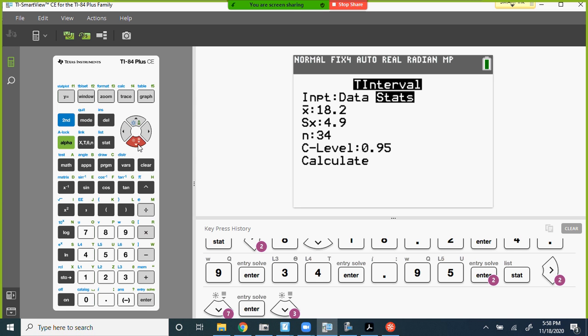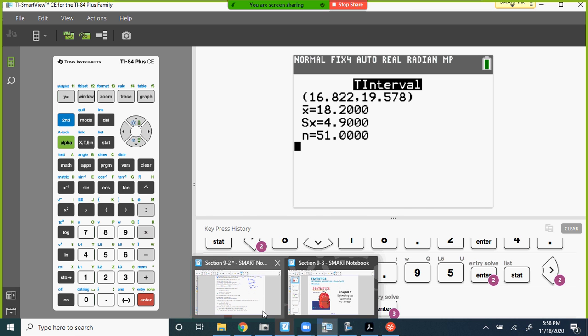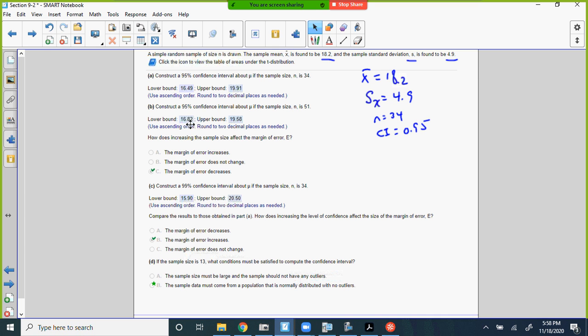We're going to N. Our N is not 34 anymore, it's 51, right? And we're standing at 95% confidence interval. Hit calculate, and then we get 16.68 or 16.822 and 19.578. And if you look at that, they rounded to 2 decimal places, correct?